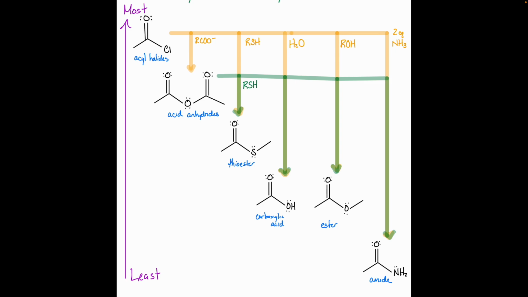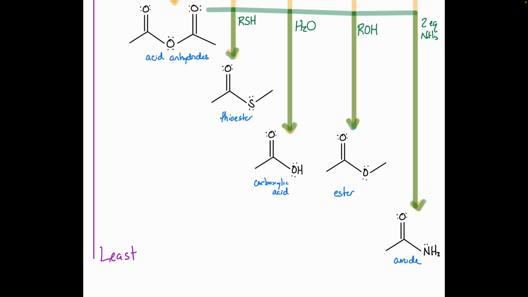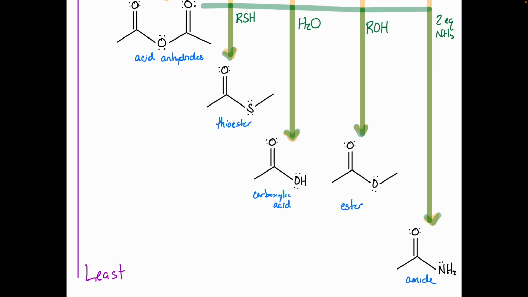How would I turn an acid anhydride into a carboxylic acid? I would use water. How would I turn it into an ester? I would use an alcohol, or an amide, two equivalents of ammonia. All right.